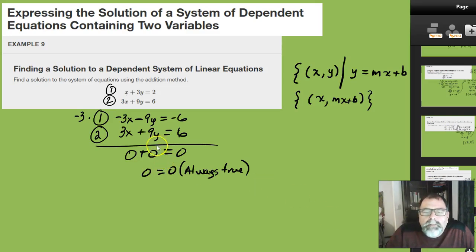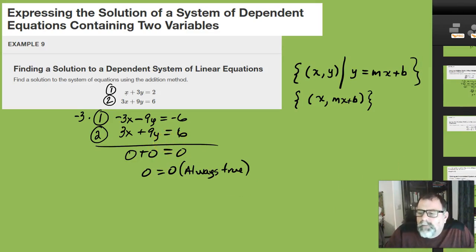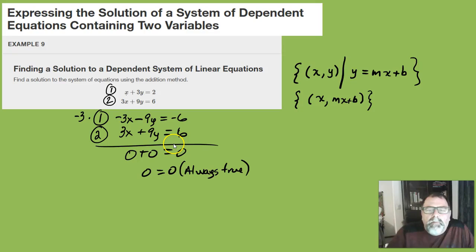This statement's always true, but remember, what we're doing here is trying to find the solution to this system of equations. So when you get this, it tells us this is a dependent system.